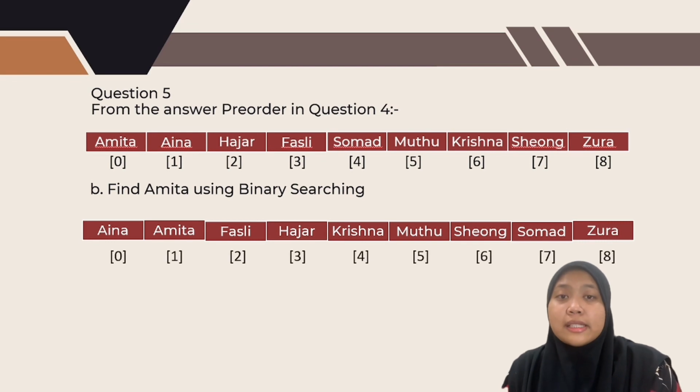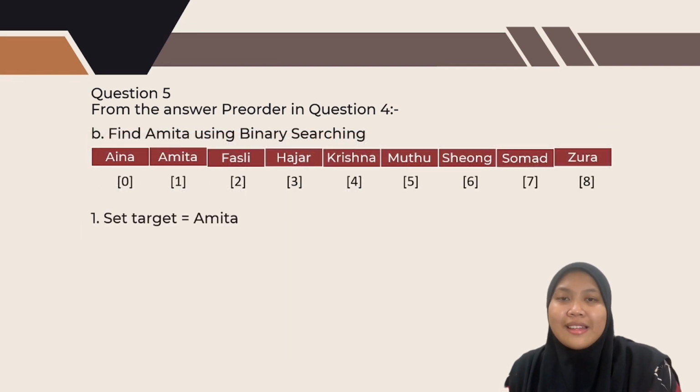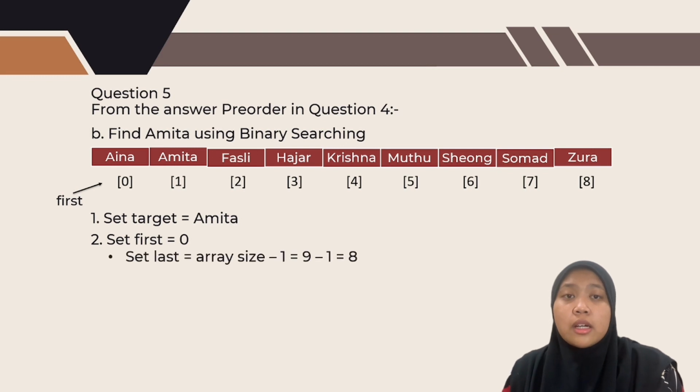Step number 1. Set target as Amita. Number 2. Set first as index 0. Set last using the formula array size minus 1. So 9 minus 1 equals 8, which is index 8.